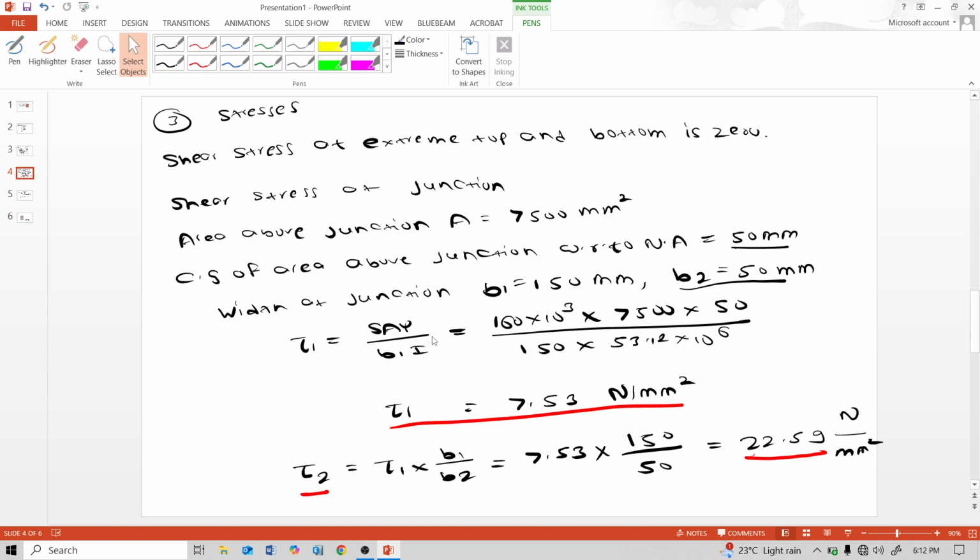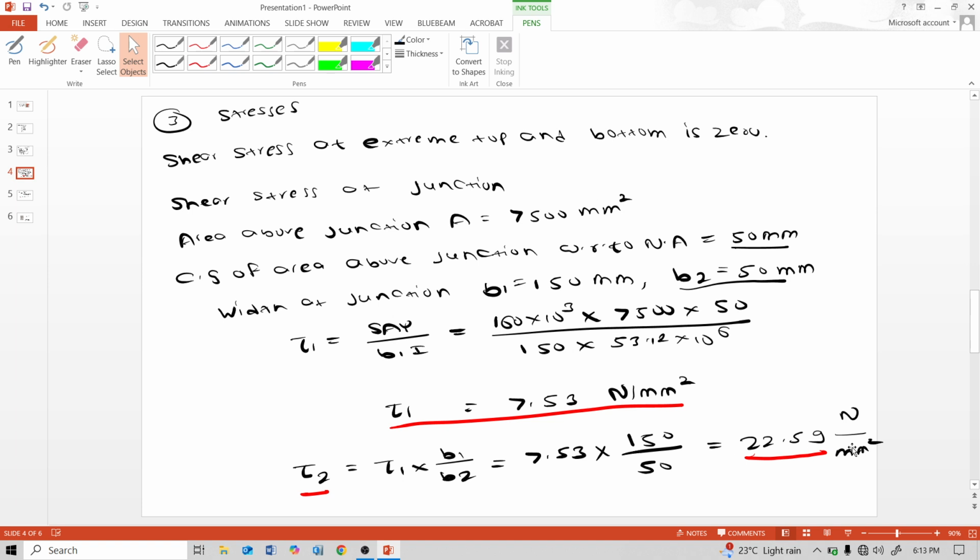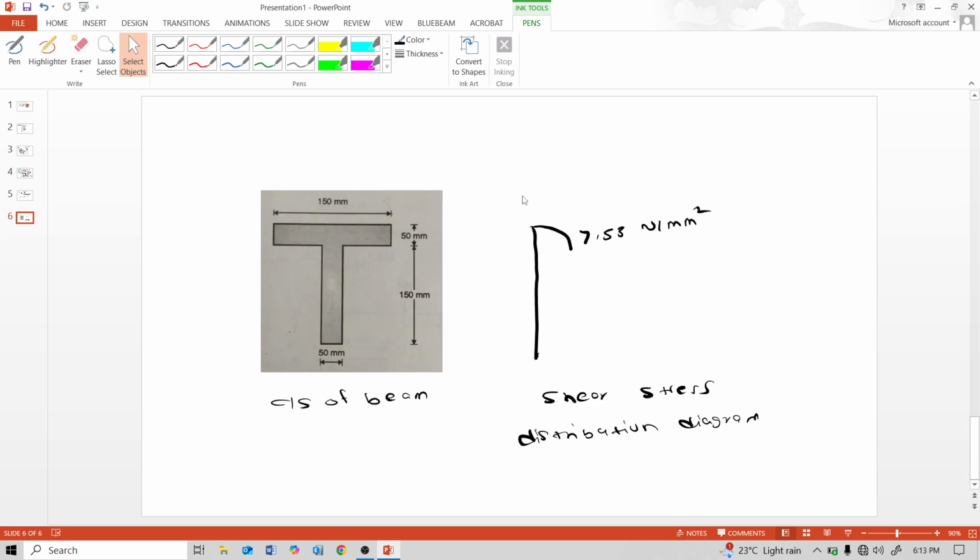This tau 1 is 7.53 Newton per mm square, and tau 2 is 22.59 Newton per mm square. These both stresses are at the junction.